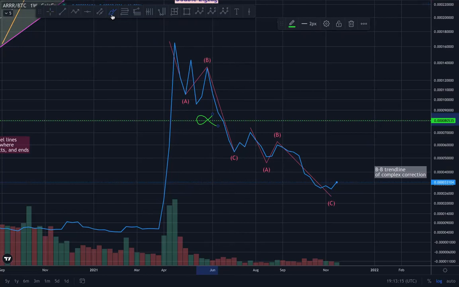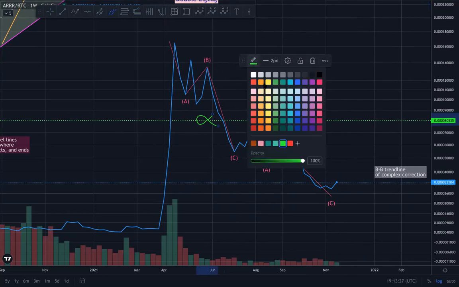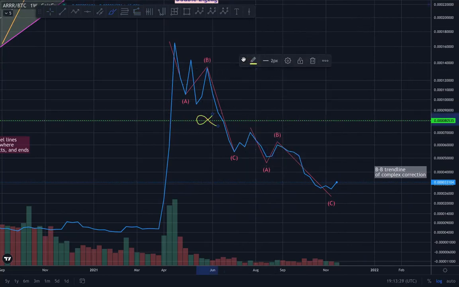And that way I can just move it at once. Yeah, so that's the potential X wave right here.